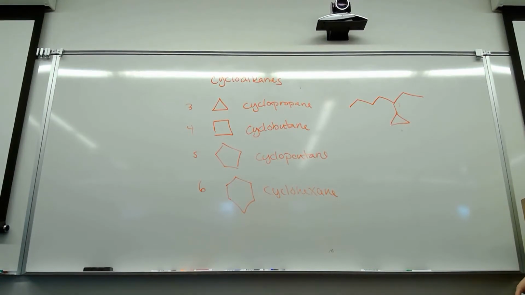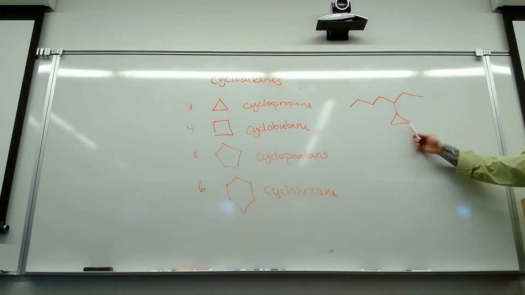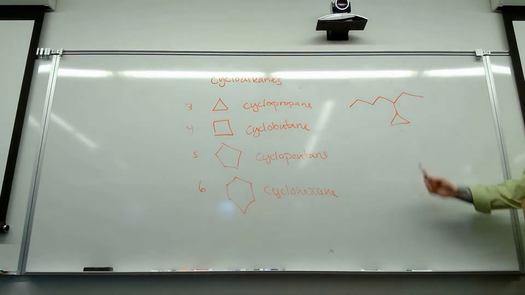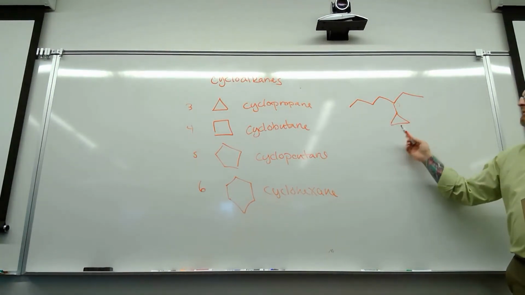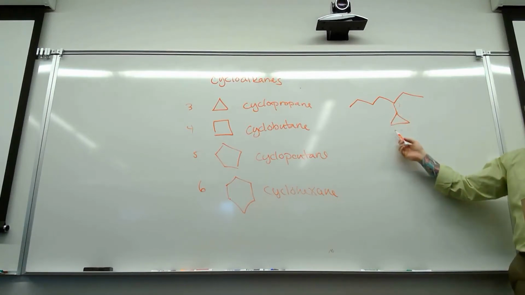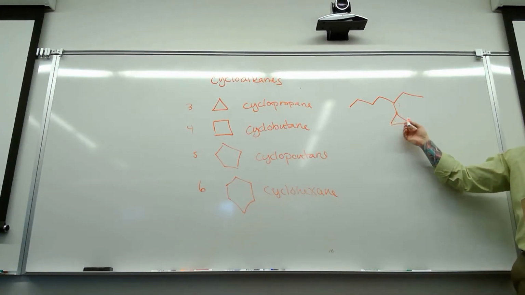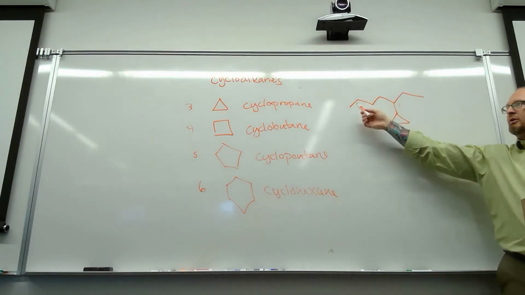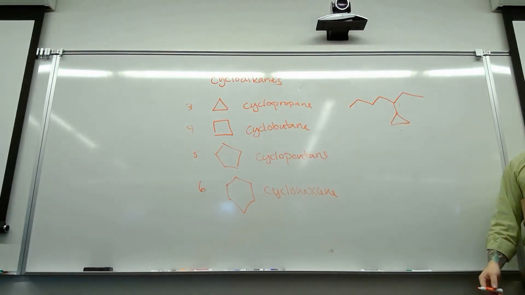Can you say that rule again? It's just like finding the parent chain. The one with the most carbons is the parent. So if you have a cyclic system that has fewer carbons than a potential parent chain, it's going to be a substituent.